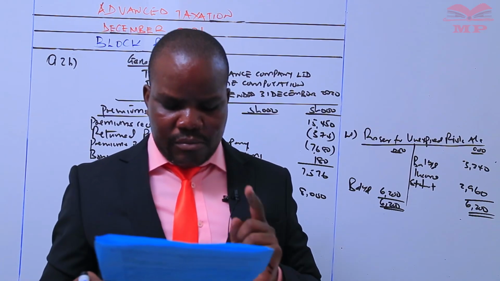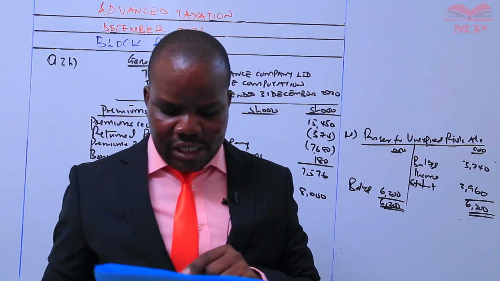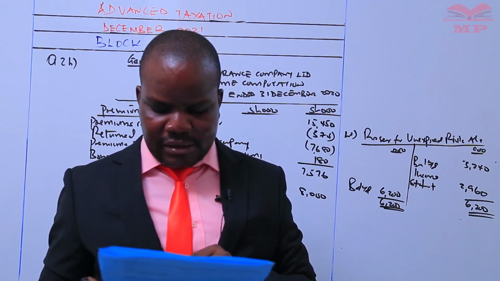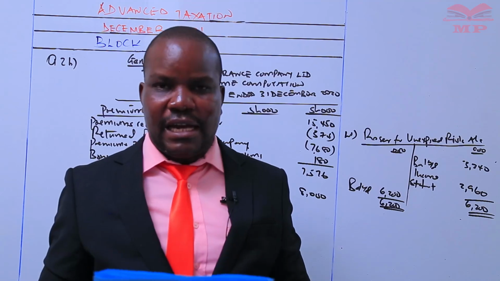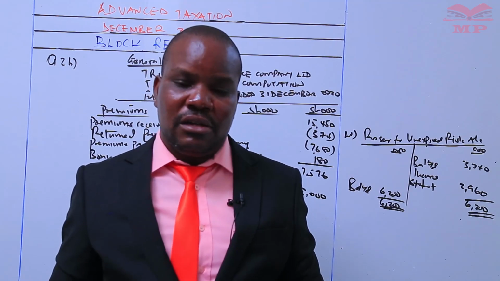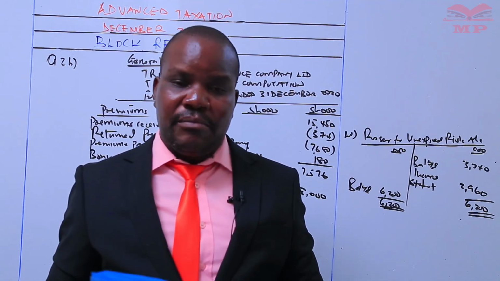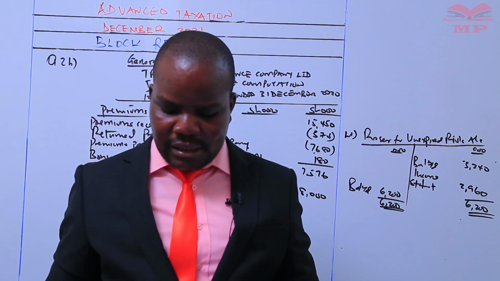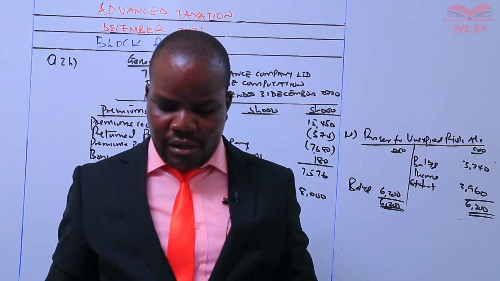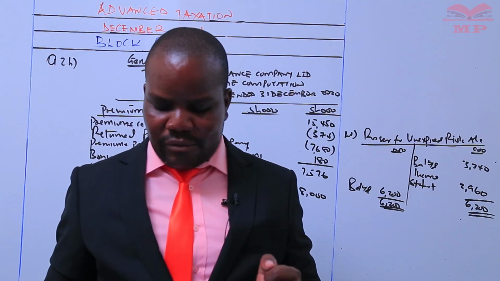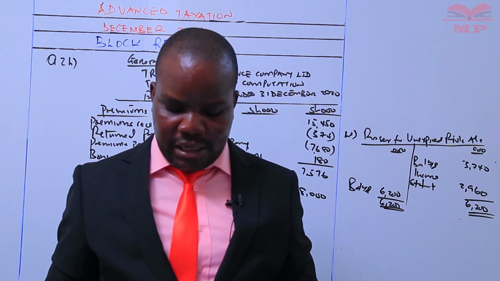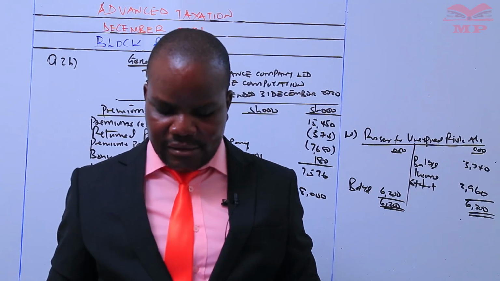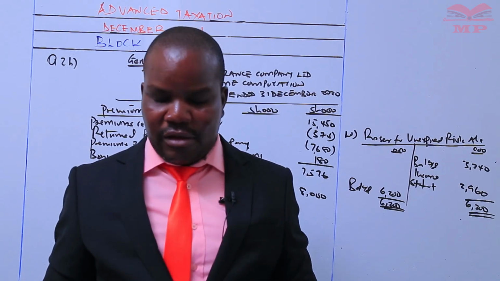Then we are told property management fees amounting to 3.2 million shillings for the year ended 31st December 2020 had not been deducted. Now we know in taxation of rental income, property management fees is an allowable expense. So in this case, the amount received as rental income from the agents was 2.8 million, but this was before deducting property management fees of 3.2.